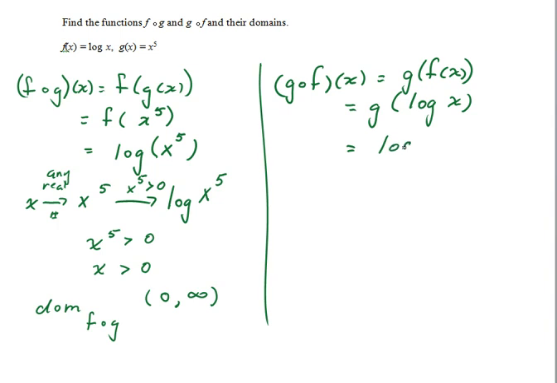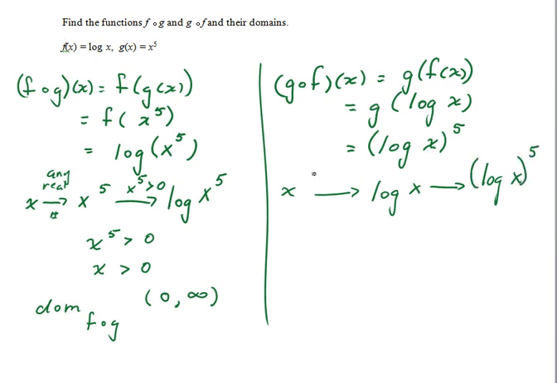So we're going to have the common log of x, parentheses, to the fifth power. So x goes to log x, which goes to log x quantity to the fifth power.